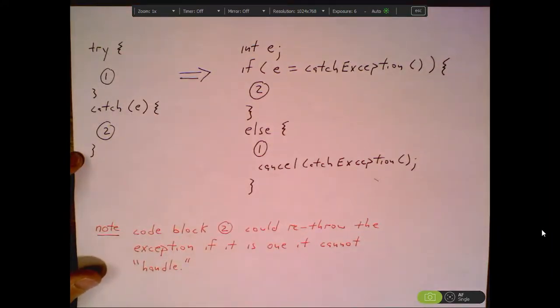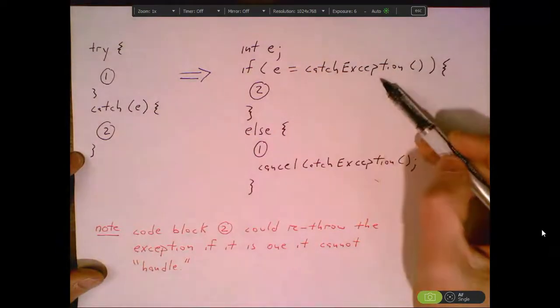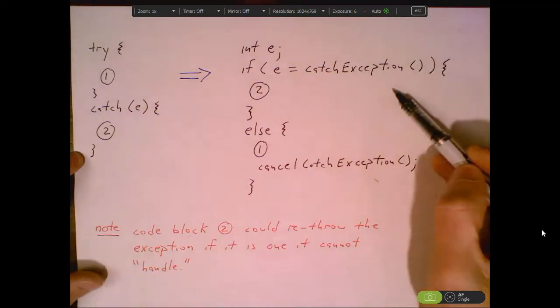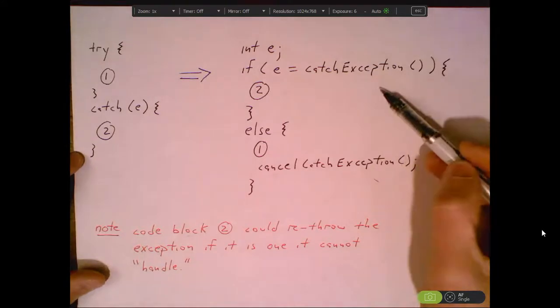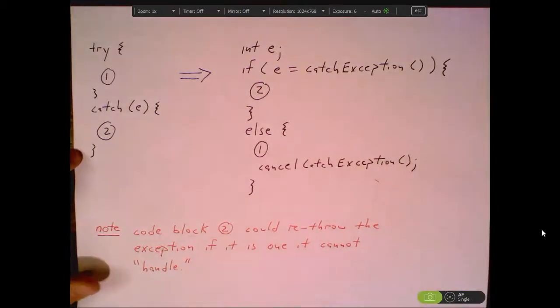The function calls might include try blocks, which is the sense in which I mean catch exception calls can stack up, or that more than one can be active at one time. The catch exception that responds is always the last one that was called. Similarly, when you cancel, it's always the last one that you cancel. So there's sort of a stack mechanism. There's a stack of these catch exceptions, and we'll see that as we talk about implementing this.